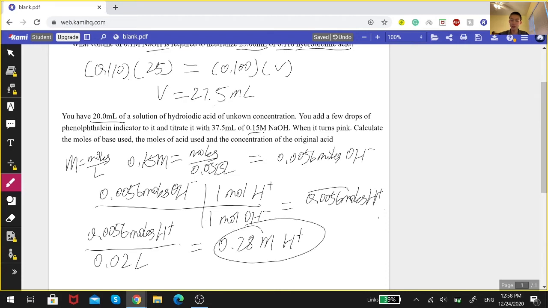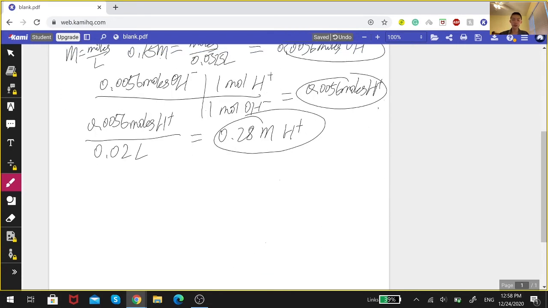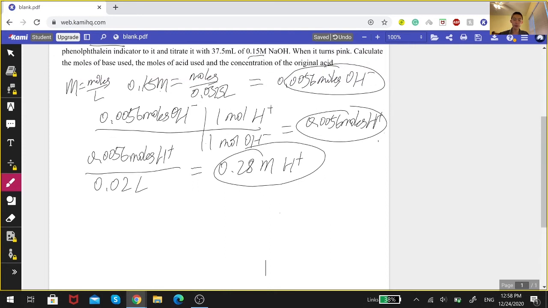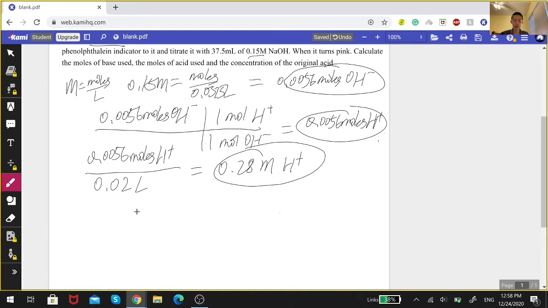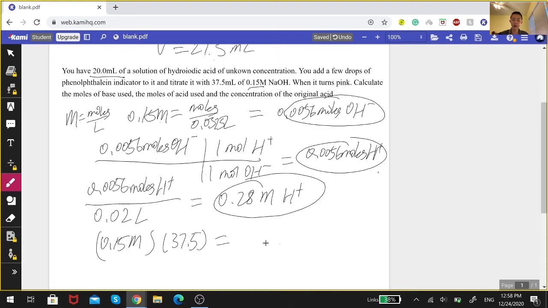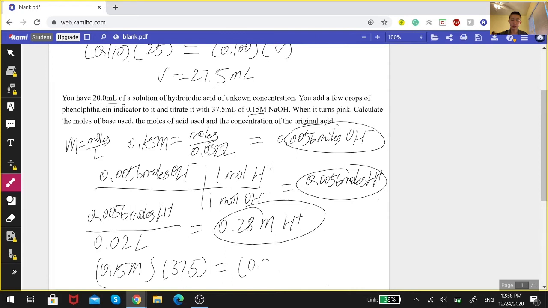That answers all 3 parts of the question. Or we can use our M1V1 equals M2V2 formula. Let's say we have the base first: 0.15 molar times 37.5 mL.